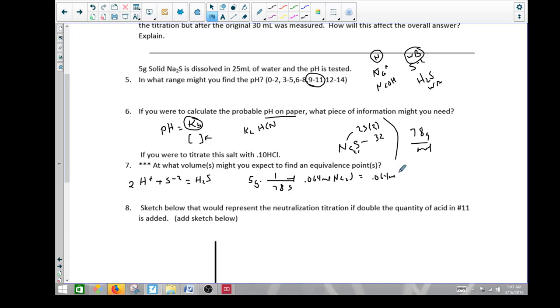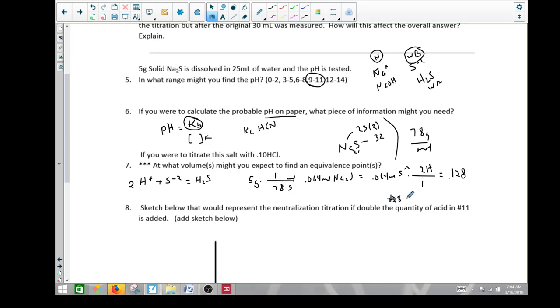But for every 1 sulfur, I require 2 hydrogens. This gives me the moles of hydrogen that I need: 0.128 moles.